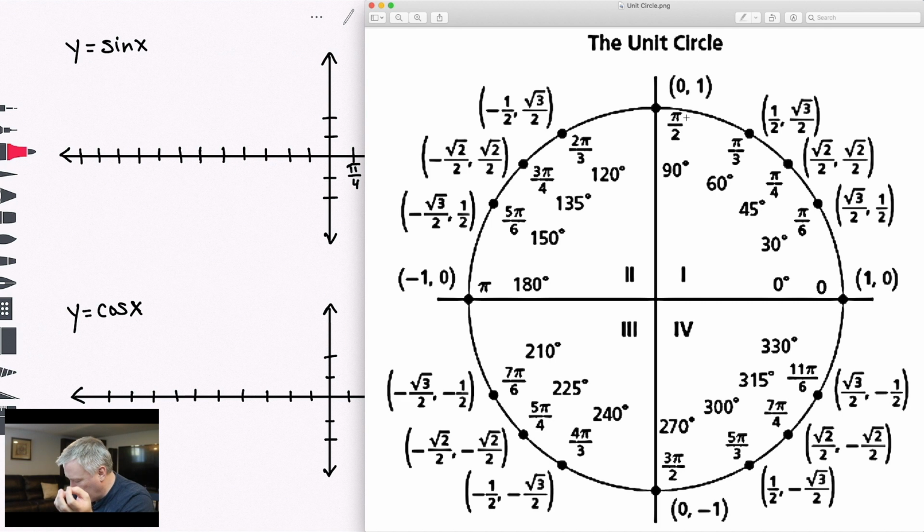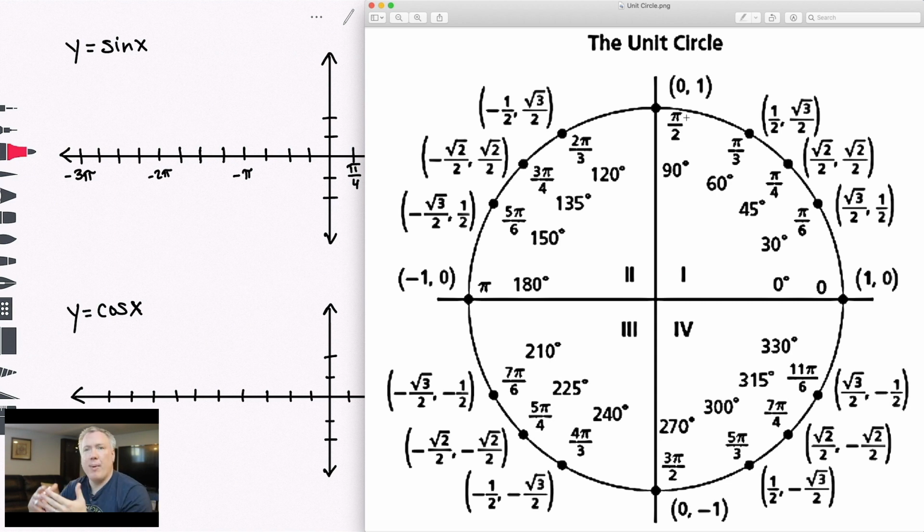And now I don't really need to write everything out, so I just count 4 more. 1, 2, 3, 4, that would be 2 pi. Okay, and if I had 1, 2, 3, 4, that would be 3 pi. And then the same thing over in the other direction. I got negative pi here, 1, 2, 3, 4, negative 2 pi, and negative 3 pi.